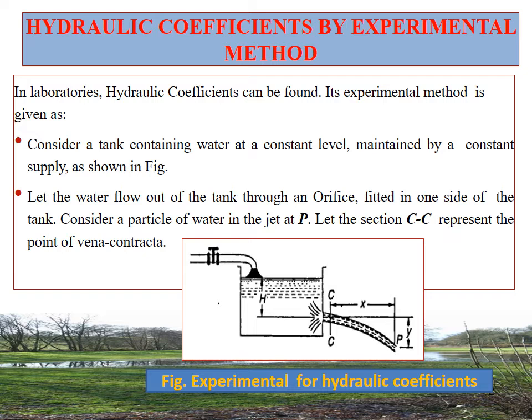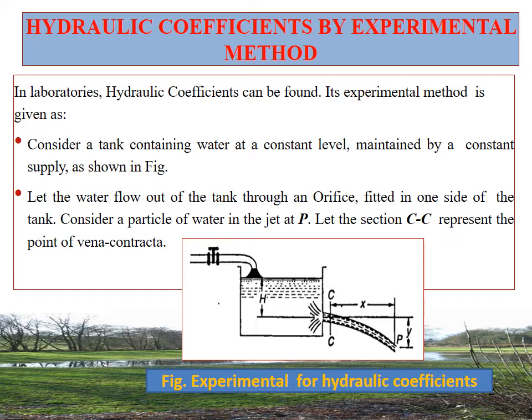This class mainly describes the experimental determination of hydraulic coefficients, that is, coefficient of contraction, coefficient of discharge, coefficient of velocity and coefficient of resistance. These four hydraulic coefficients were discussed in the previous class. So let's find out the experimental determination of hydraulic coefficients.